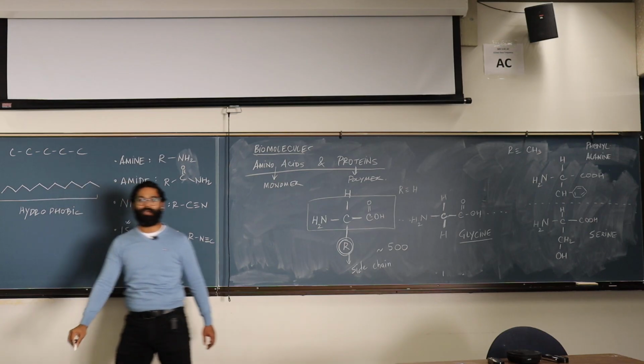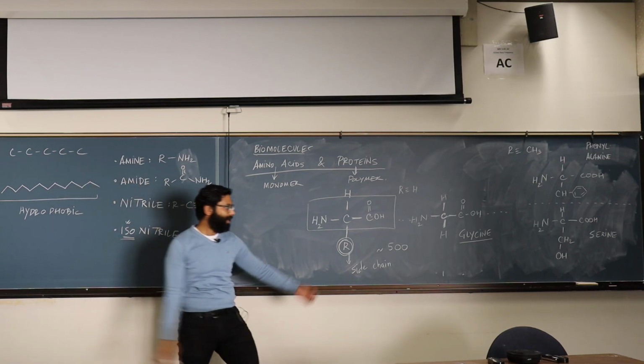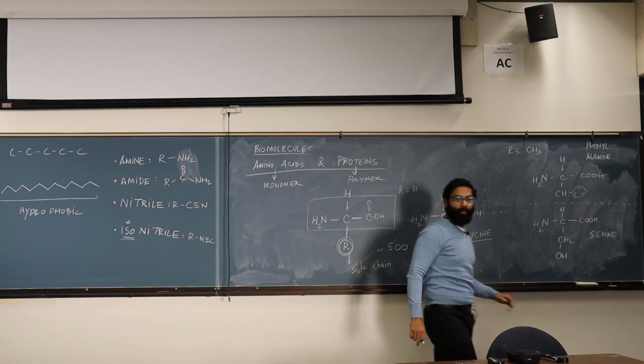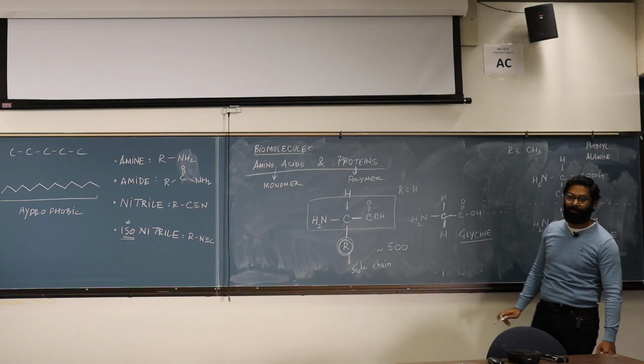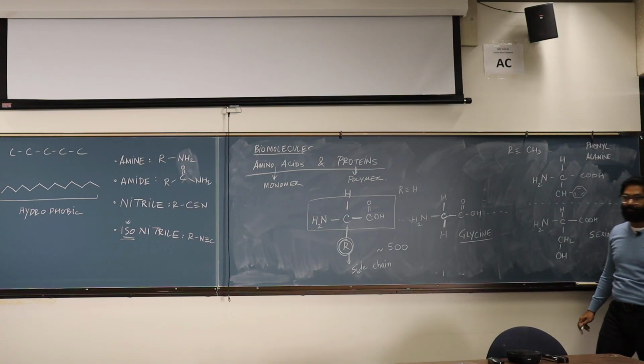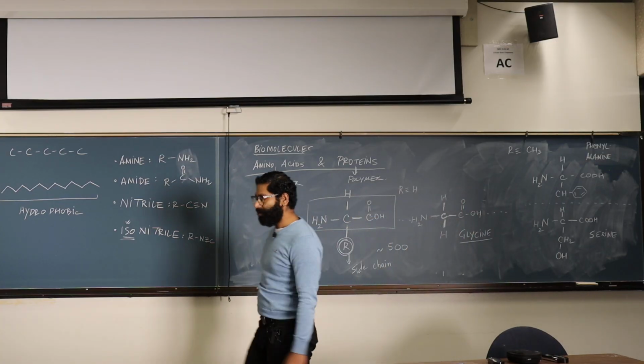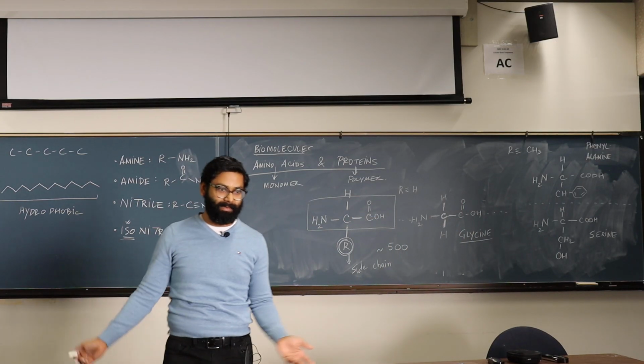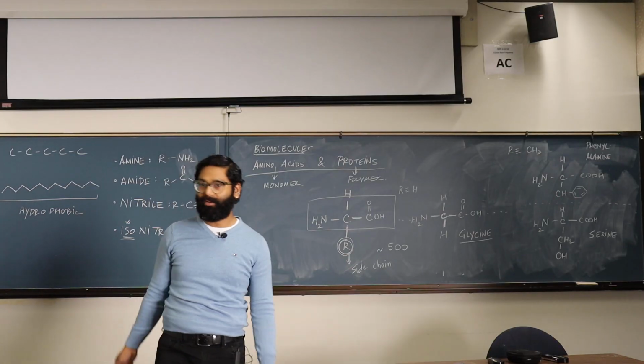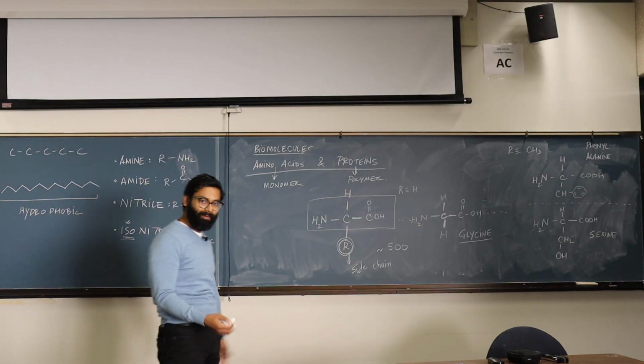So these won't dissolve in water. So if you have this big group attached in here, what do you think that amino acid solubility will be in water? It will not be soluble. Now, the bigger the group is, the more difficult it will be to dissolve.